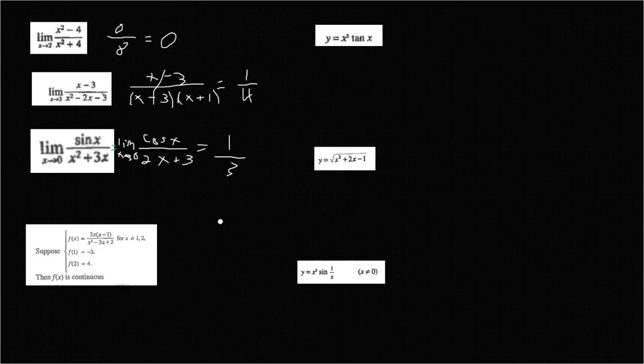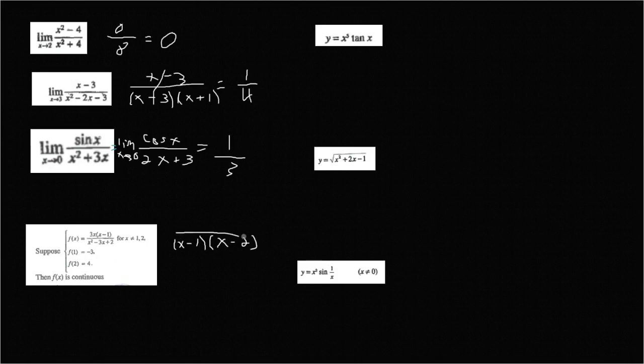So let's factor this and see if anything will end up canceling. So we have x squared minus 3x plus 2. The factors of 2 are 2 and 1, and so we can do x minus 1 and x minus 2 here.